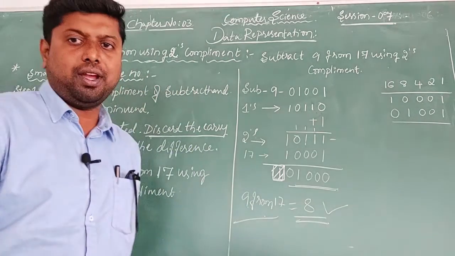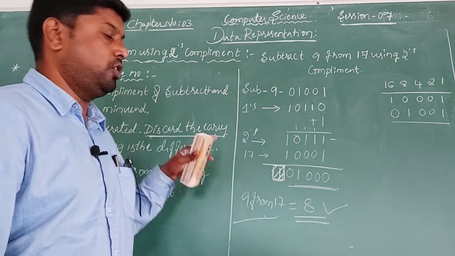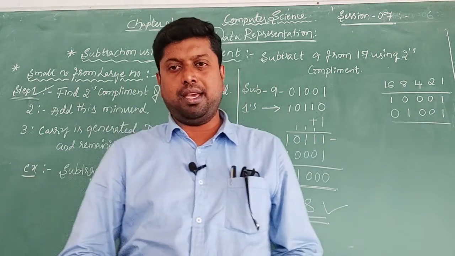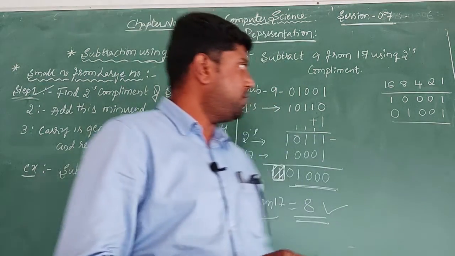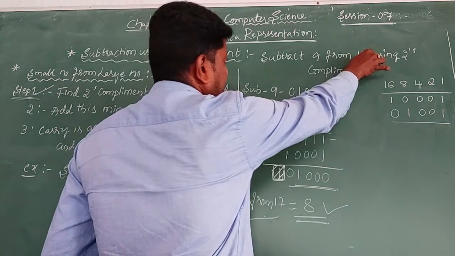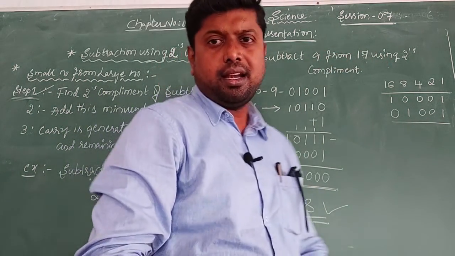So this is what we call subtraction using 2's complement, dear students. Of course, if you want to cross check, you cross check 17 minus 9, then the result is 8.